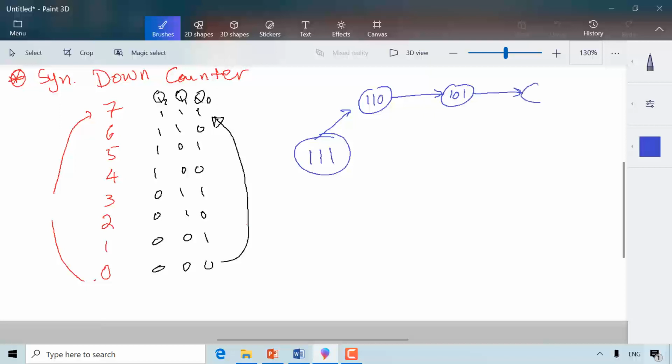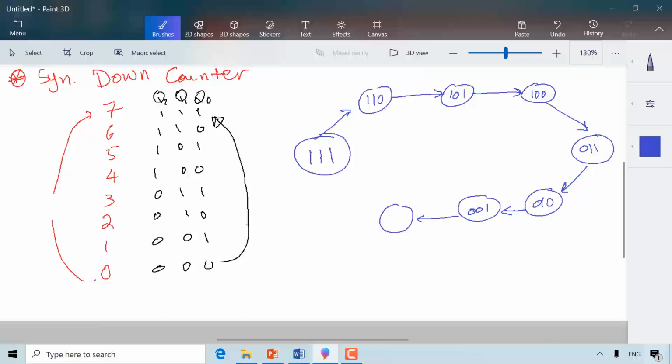I decrement by 1, go to the state which represents 4, 1 0 0, and then count, go to the state which represents 3, and count, go to the state which represents 2, 0 1 0, and count, go to the state which represents 0 0 1, then count down, go to the state which represents 0 0 0, and then one more count and go back to 1 1 1. So this is the state diagram.